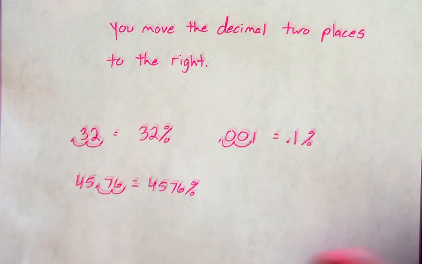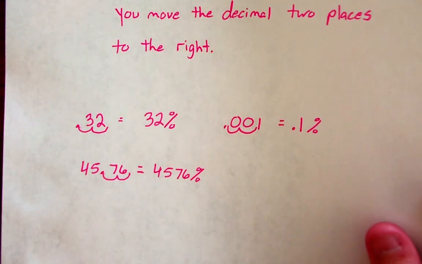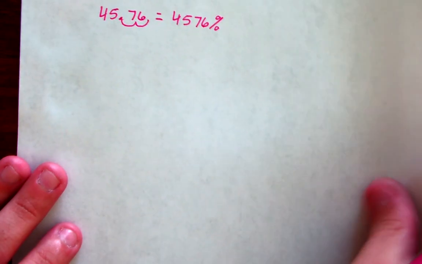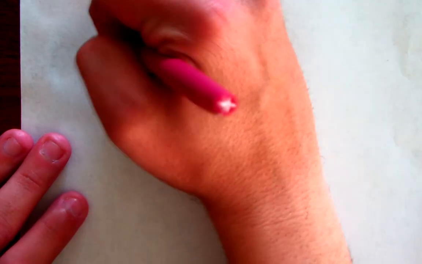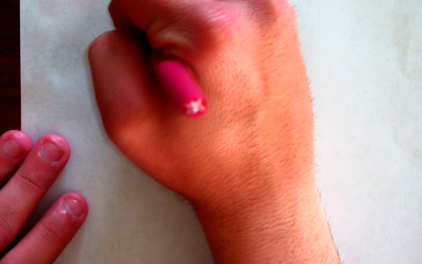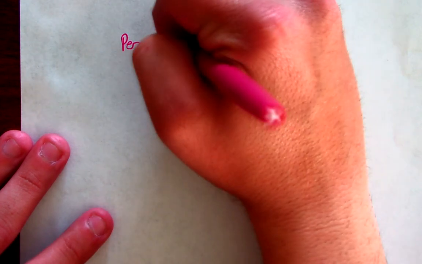Nice and easy. Now let's say you want to go from a percent to a decimal. So you're going backwards now. So percent to decimal.